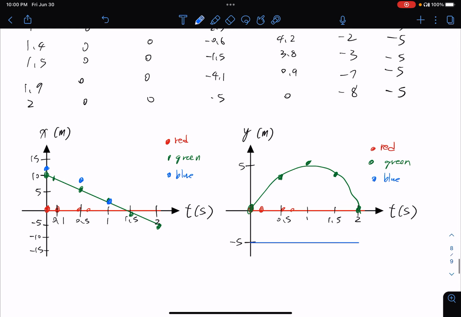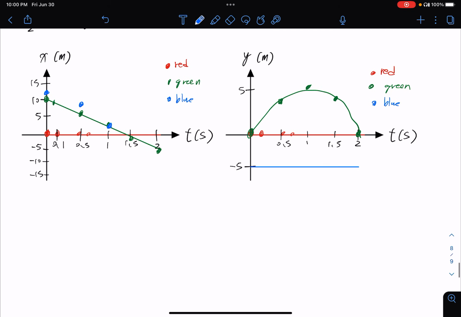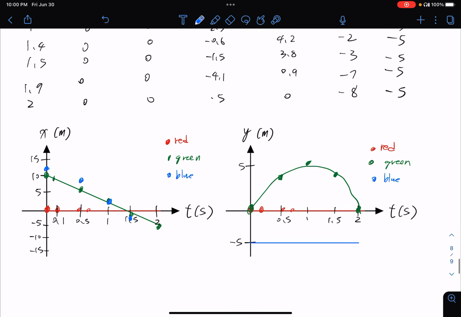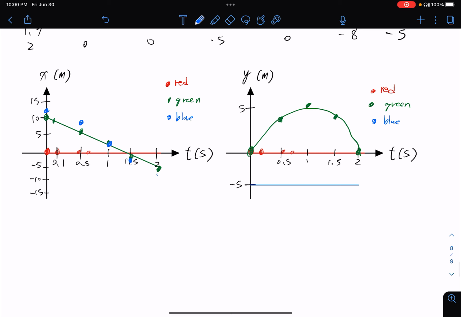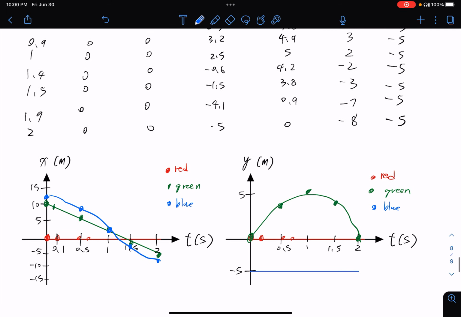Okay, 2, and then at 1.5 it is -3, and at 2 it is -8. So it is kind of like a straight line. I'll bet it's a straight line. So yeah, that's for the blue dot.